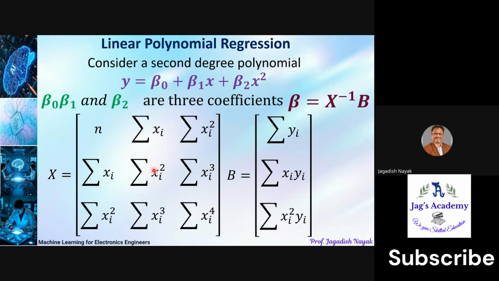See, it's very simple to remember. These two will come here, and then you append with xi cube. Now these two will come here, append with xi to the power of 4. B is equal to summation yi, summation xi yi, summation xi square yi. These are the formulas for x and b. So when you have x and b from the given data, you can calculate the value of beta.